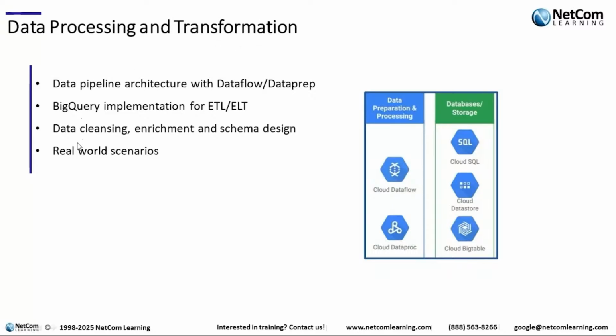Those tasks are, number 1, data cleansing, enrichment, and schema design. These are 3 examples of the tasks that are included under the banner of data processing and transformation, and they are performed with the help of the services Dataflow, Dataprep, and BigQuery as the core services in this direction.